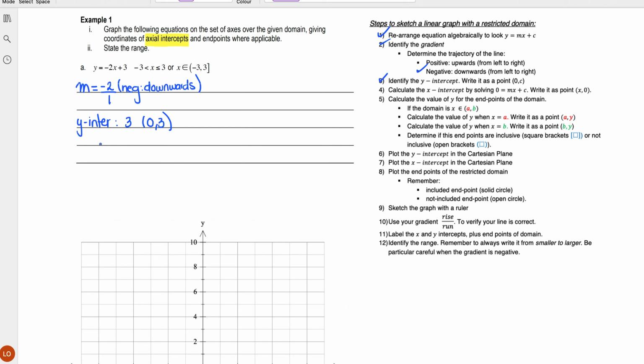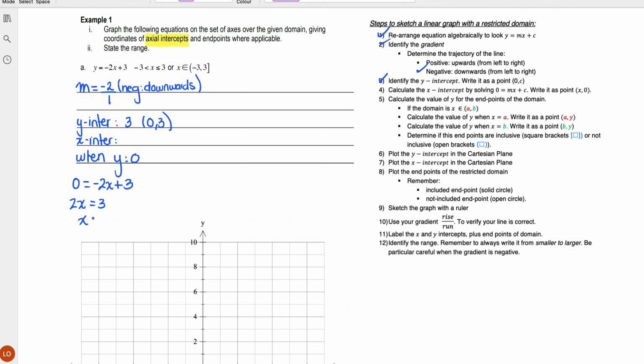That means the x and the y-intercept, if applicable. It's not going to be applicable always, but to find the x-intercept, what do I have to say? I have to say when y is equal to 0. So when I do that, what do I get? I'm using my formula: 0 is equal to negative 2x plus 3, which means that 2x is equal to 3.